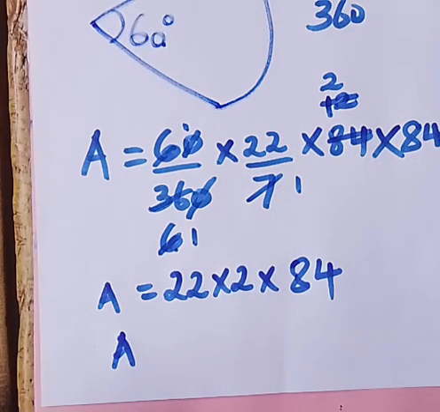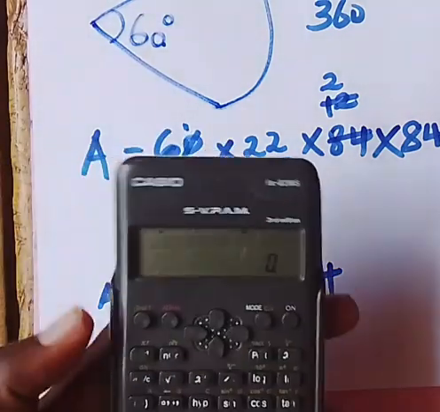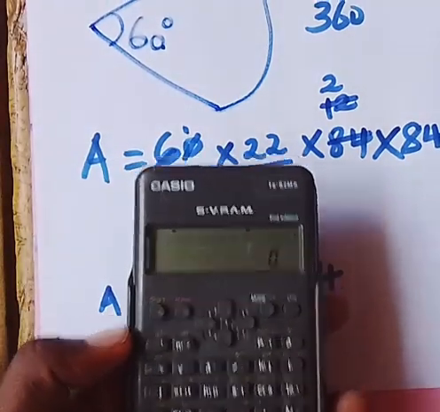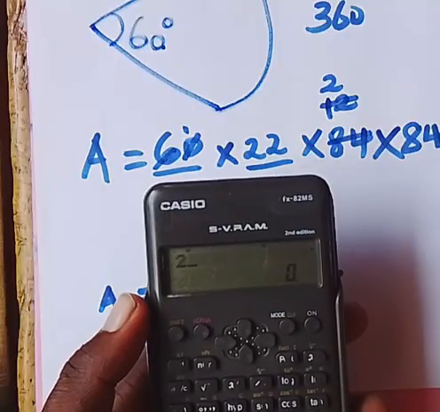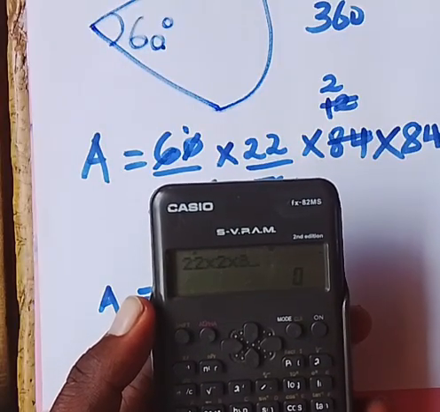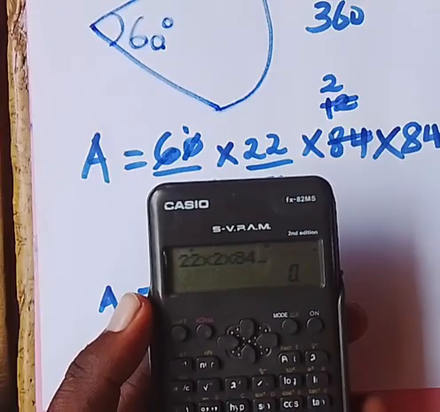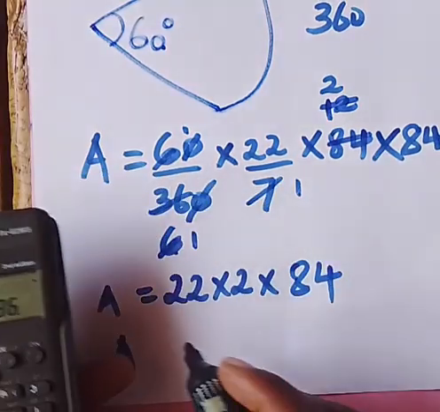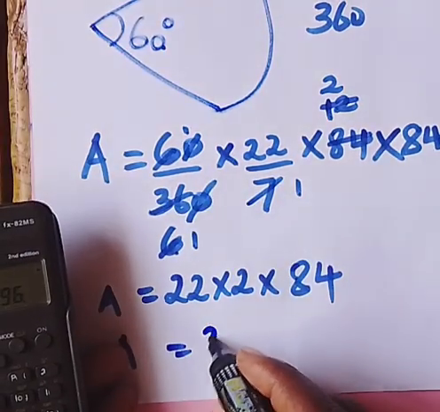Anything divided by 1, you just get the numerator. So let's multiply here, feel free to use the calculator. You have 22 times 2 times 84, and now you can simply click and get the answer.